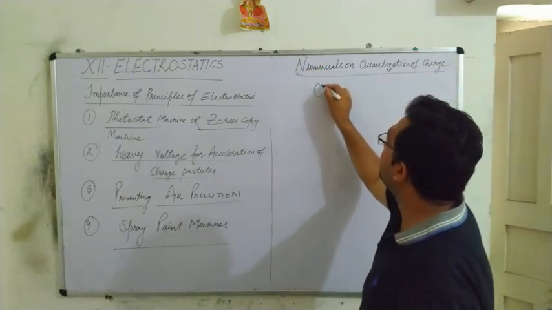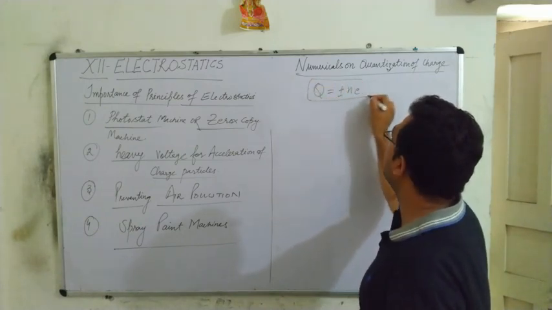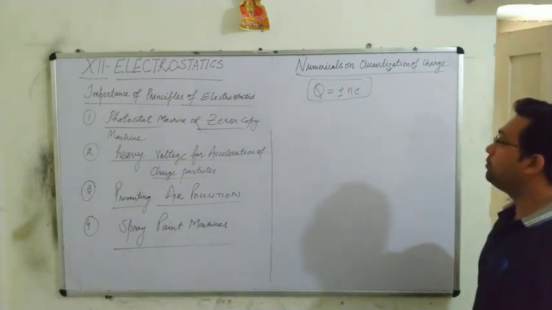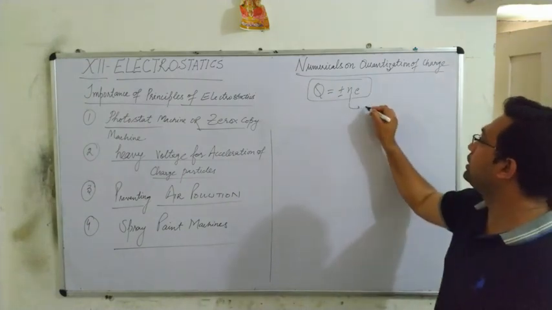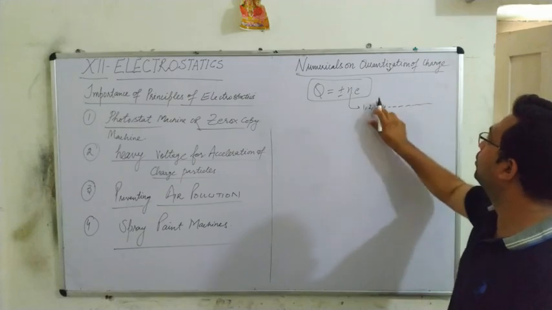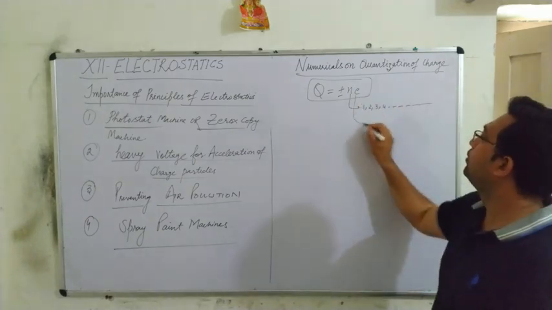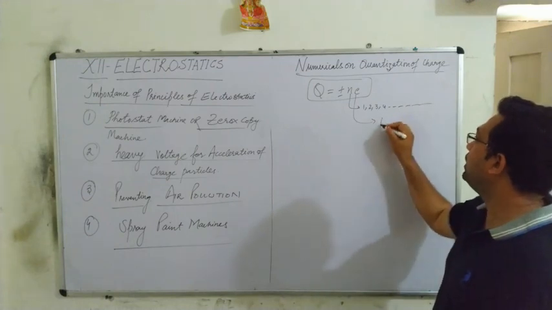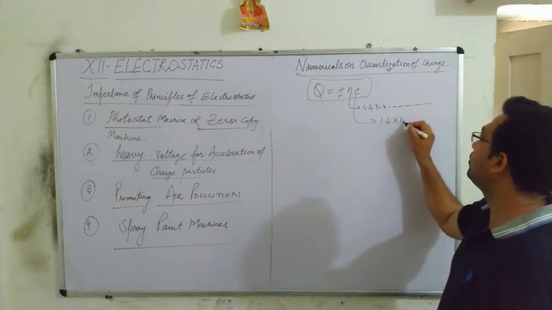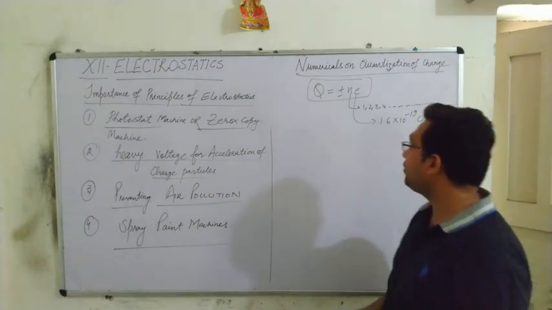Now as we know, Q equal to plus minus NE. Now tell me the value of N, that is 1, 2, 3, 4 up to the maximum number. Now the value of E is 1.6 into 10 power minus 19 Coulomb.